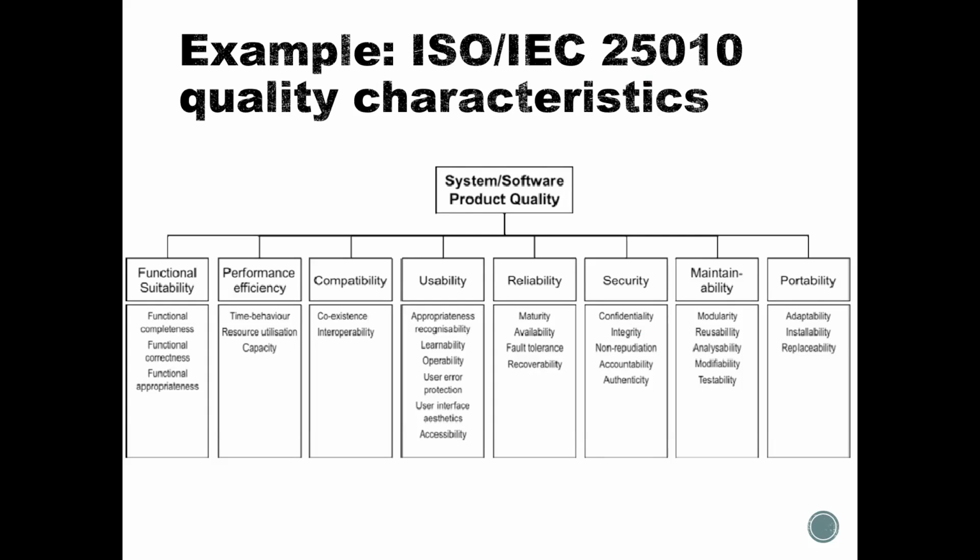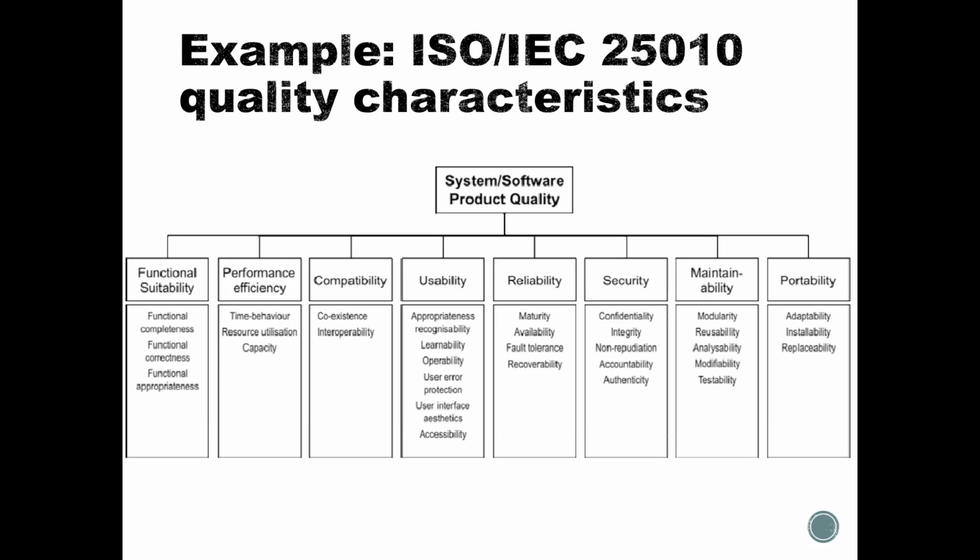This chart which you are seeing on the screen talks about the quality of the product. The product quality model categorizes product quality properties into eight characteristics: functional suitability, performance efficiency, compatibility, usability, reliability, security, maintainability, and portability. And of course, each characteristic is composed of a set of related sub-characteristics.